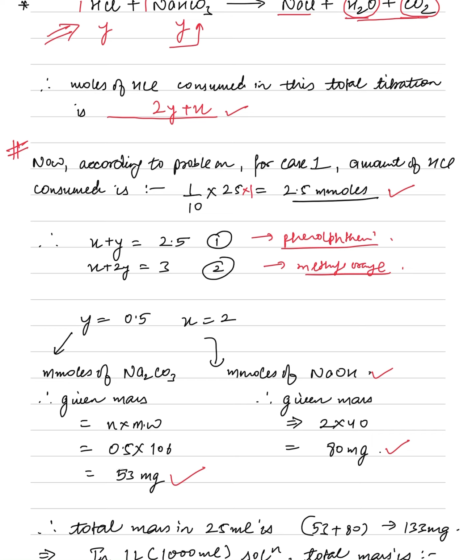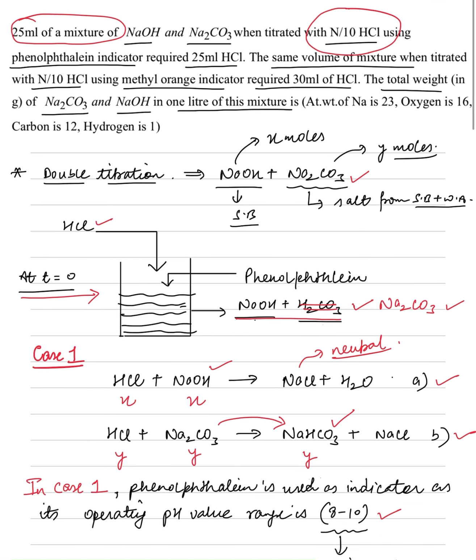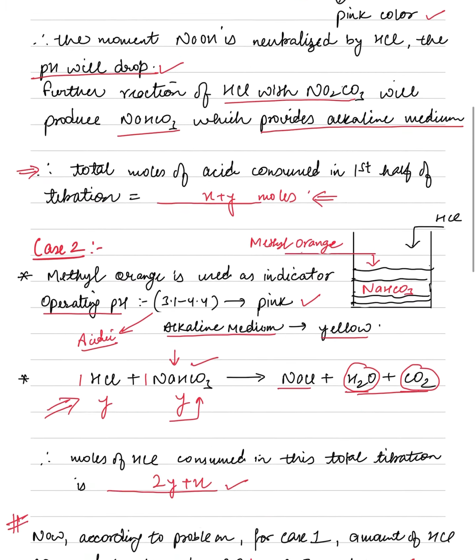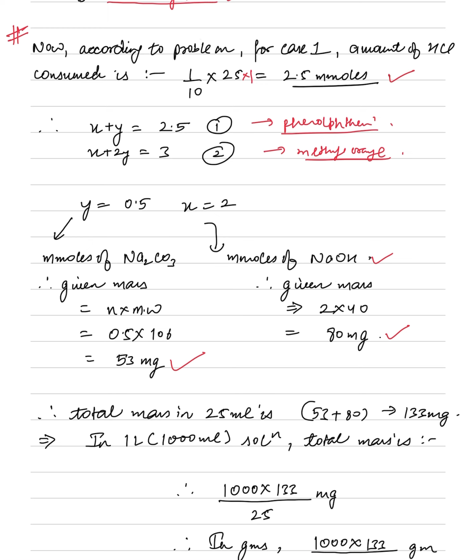And these are the masses of Na2CO3 and NaOH in how much volume? The volume is given to be 25 ml, right? Initially 25 ml of the mixture is used. So 25 ml contains this much mass, 133 milligrams.